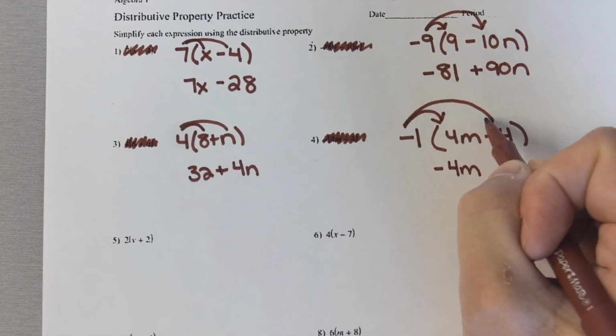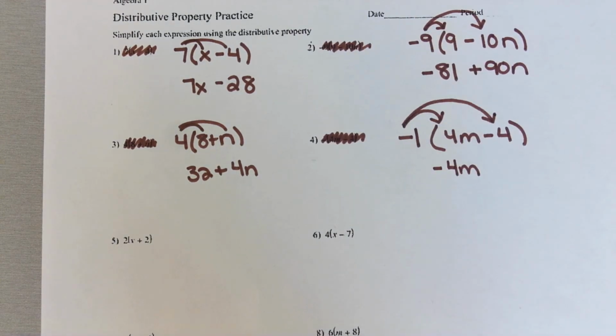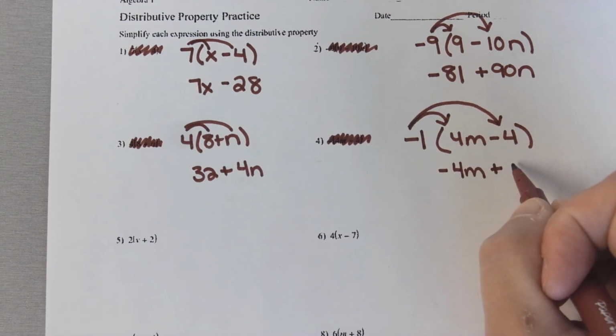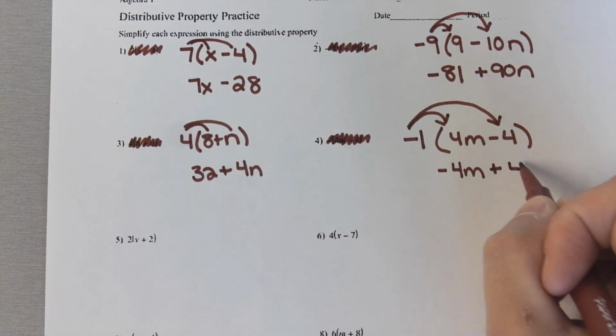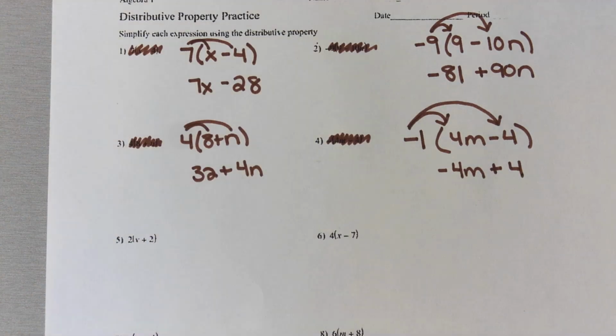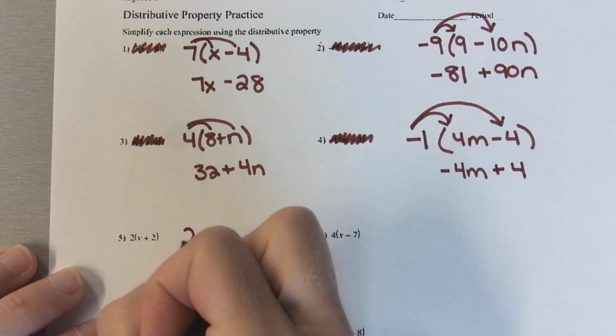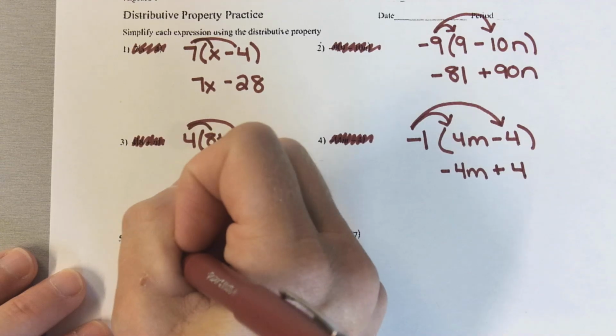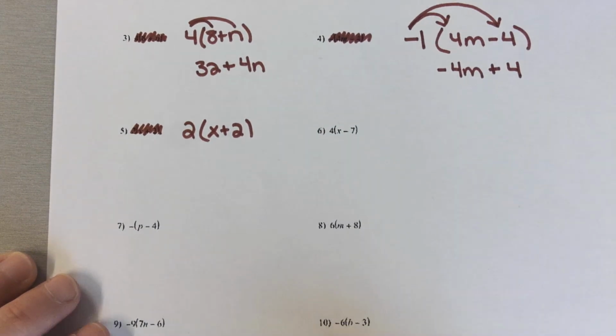Next one. A negative times a negative is a positive. And then 1 times 4 is 4. So if it helps doing it that way, like compartmentalizing and thinking about the negatives and then the numbers, do that. Alright, I see 2 times x plus 2. And even if it's not, that's what we're going to go with.